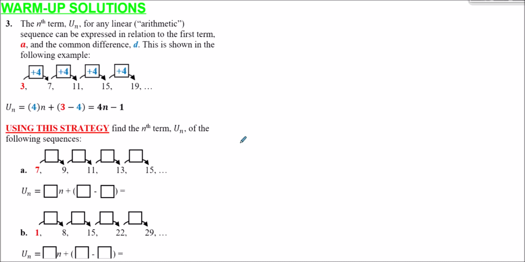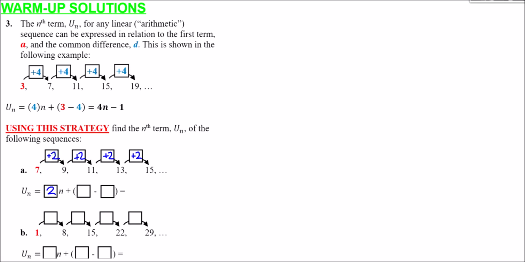So here, 7, 9, 11, 13, 15. So we can see here that the common difference is 2. The values in this sequence are increasing by 2 each time. So here I can say it's 2n. And then this 7 differs by 2, of course.